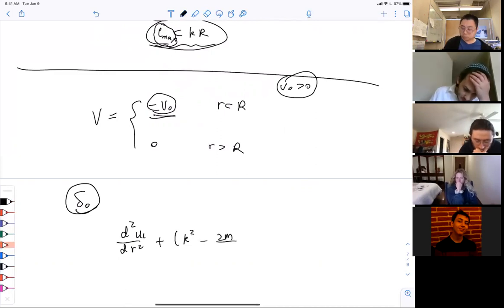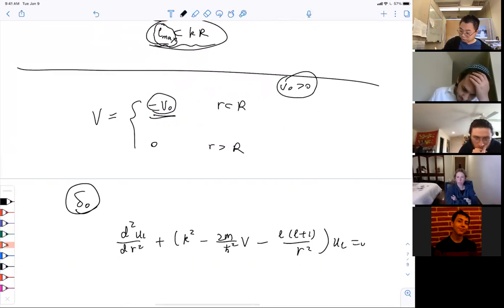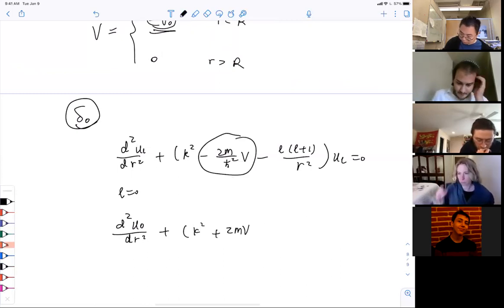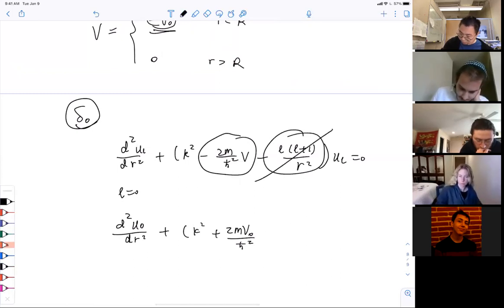2m over h bar squared times V minus l(l+1)/r squared, u_l. So for l equals 0, everything simplifies. This guy becomes 0.